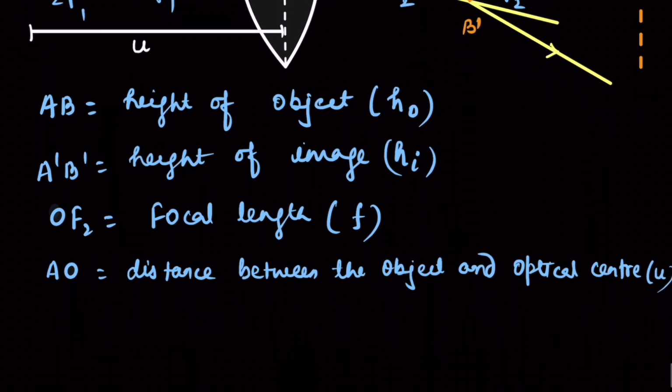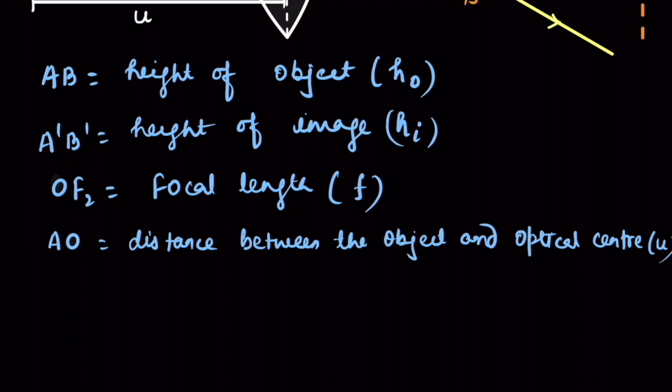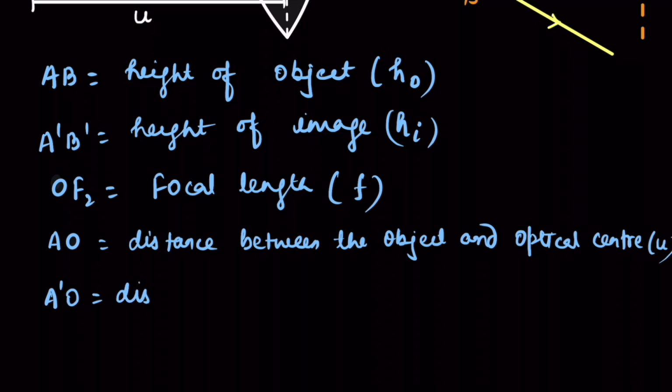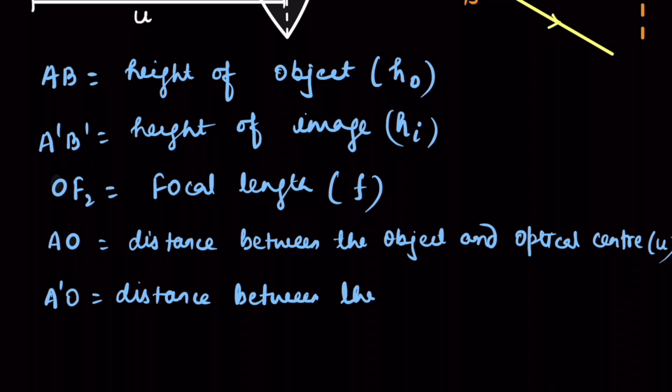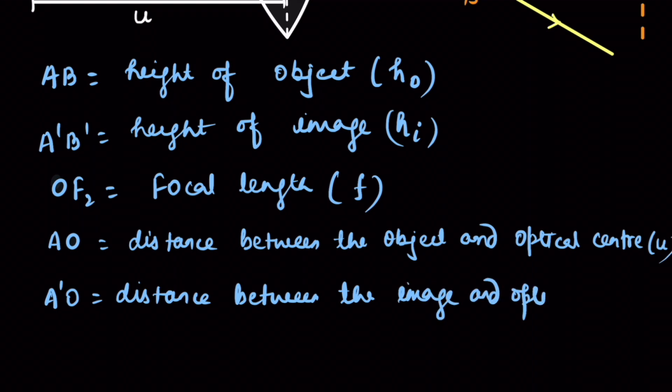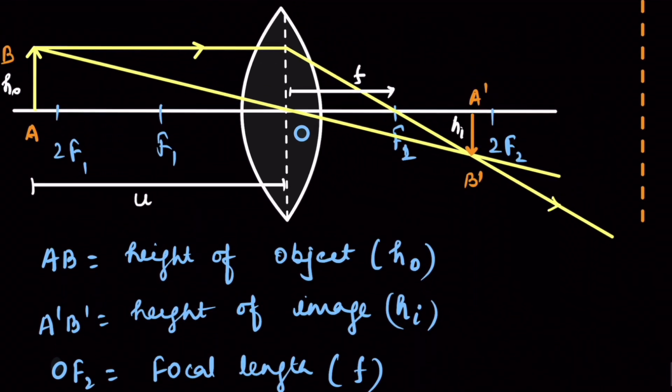Next is the distance of A dash O, which is the distance between the image and optical center, which is represented as small v. So here is the small v.